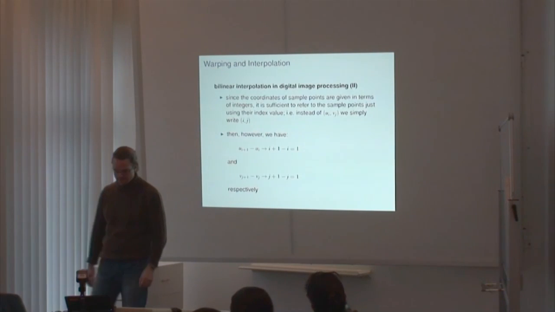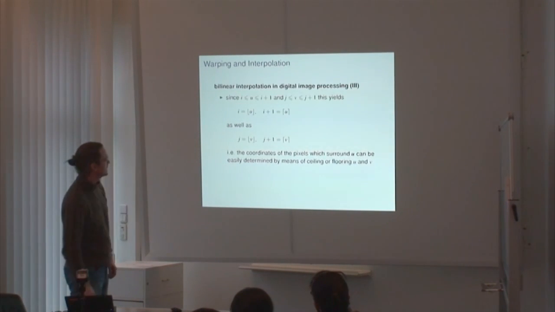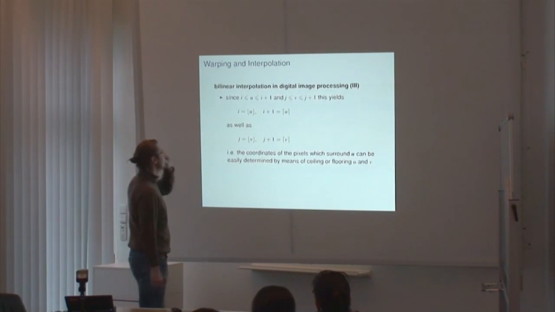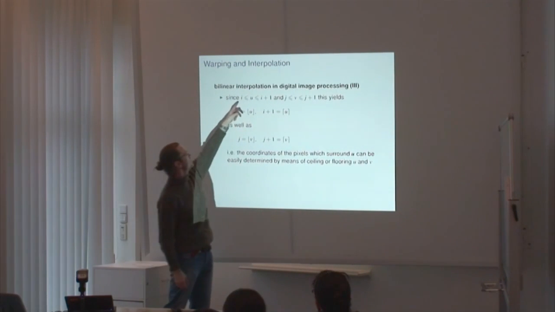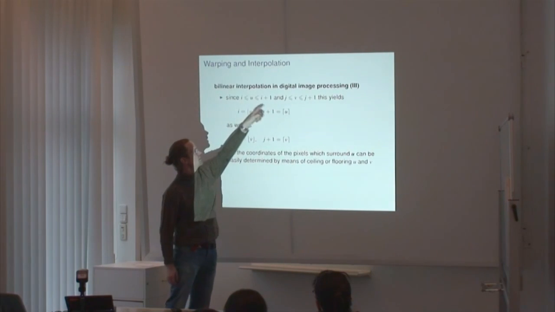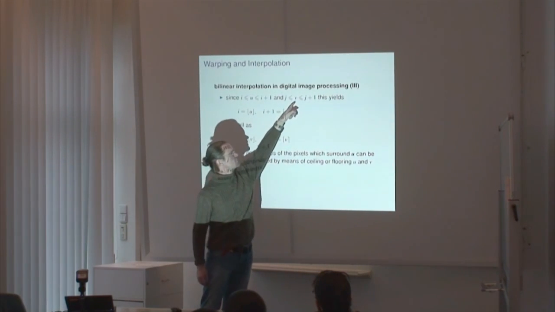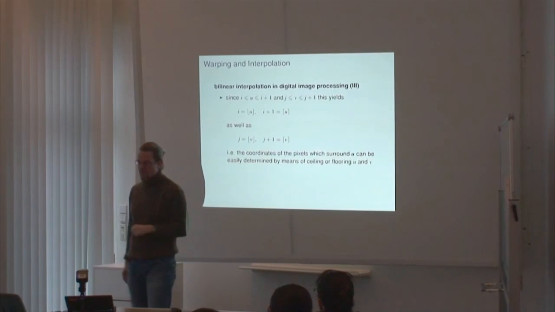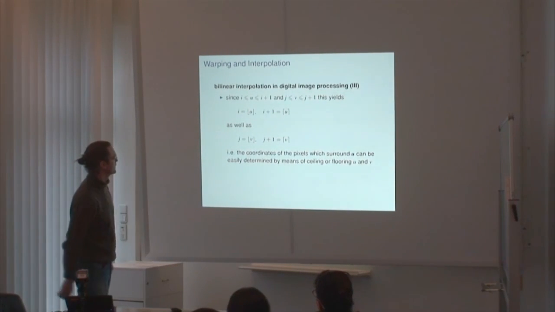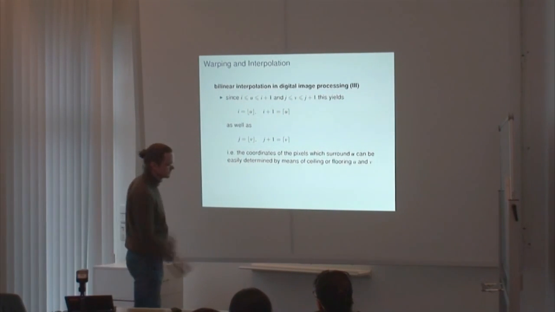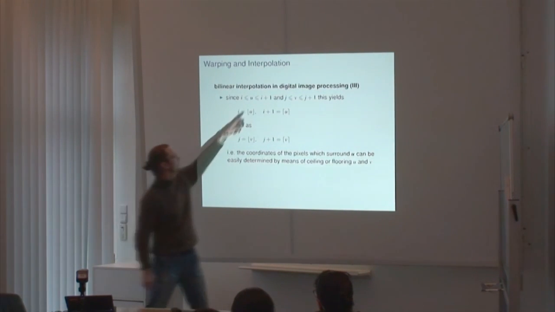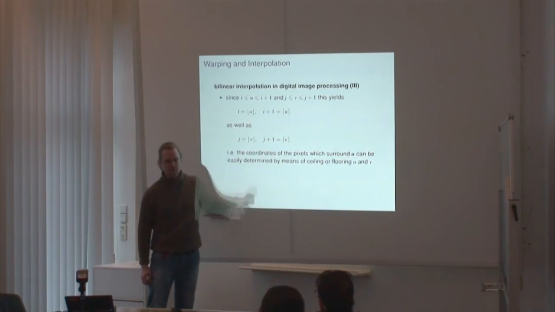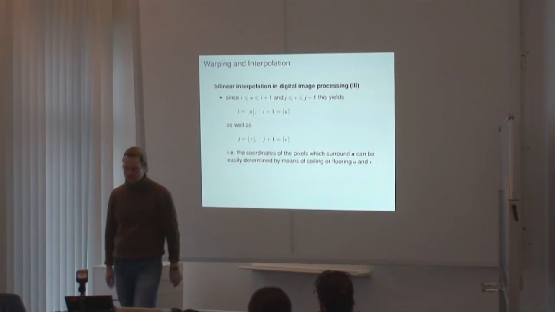That is all just to say that if we end up with a coordinate u situated in between two pixel coordinates i and i plus 1, and a coordinate v situated in between two rows j and j plus 1, we can easily determine the four surrounding coordinates of u and v just by flooring and ceiling u and v. I just wanted to mention that.